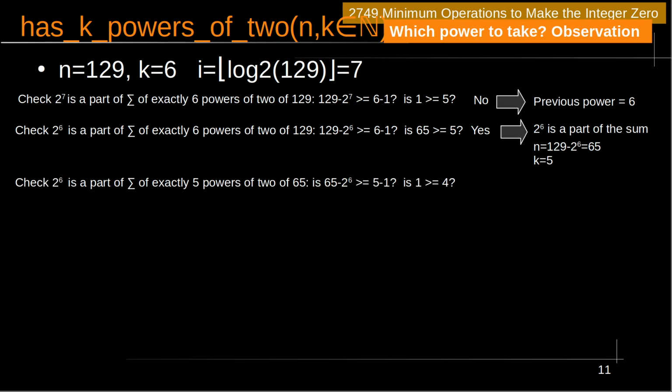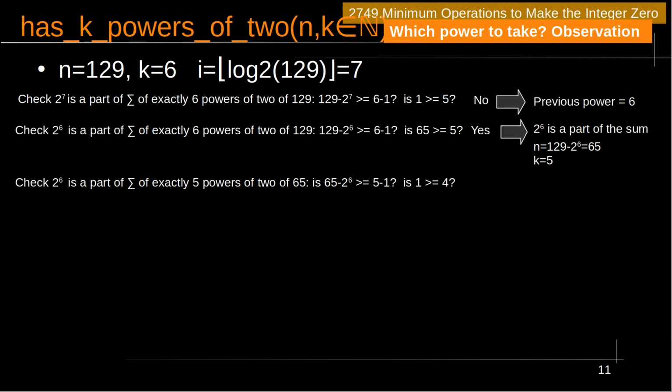Why? Because we're going to check if 2 power 6, the same power, is a part of exactly 5 powers of 2, but not for 129, but for 65. Okay? This makes sense. You have found a power for 129. So we have found 1. We are going to find the other 5 powers.